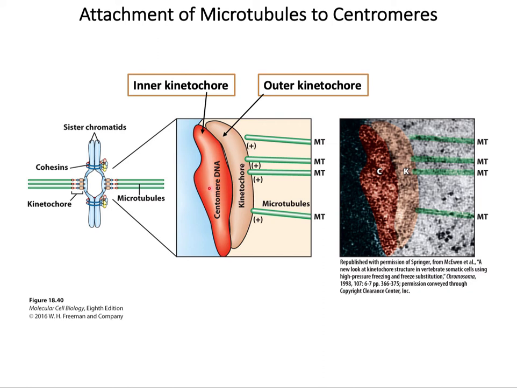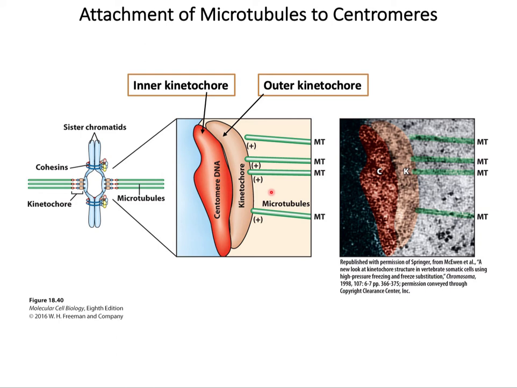You have the centromeric DNA right here in the red, and it's associated with a very large protein complex known as the inner kinetochore protein complex. And that is associated with another protein complex known as the outer kinetochore protein complex. And the plus end of the microtubules bind somewhere in this outer kinetochore region. There is also another region known as the corona outside the outer kinetochore, which is not shown here.